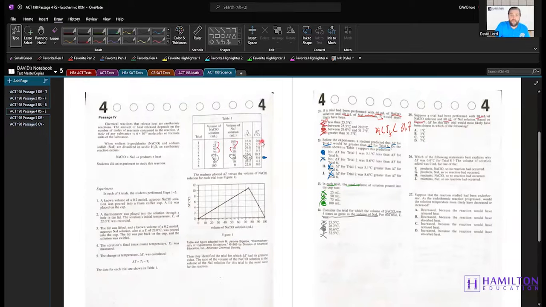So it has to be between 0 and 3.5. So we can cross off D and C because those are greater than those values. But this is where it gets a little difficult to determine whether it's 1 degree Celsius or 3 degrees Celsius. My reasoning is that since 20 milliliters is much closer to 25 than it is to 0, I think our temperature should be closer to 3.5 than to 0. So that's why I picked the answer B in this case.